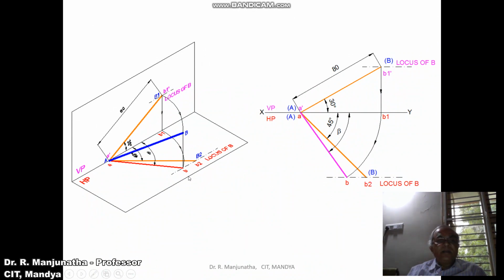When you rotate like this, the front view true length line is rotated so that it comes on the locus of B in the top view. So you get the image here when you look from the top view, and that is what we have shown here with the orthographic view, and this will be explained when you are writing in the sketchbook.